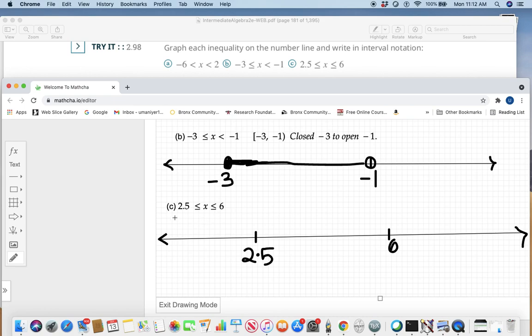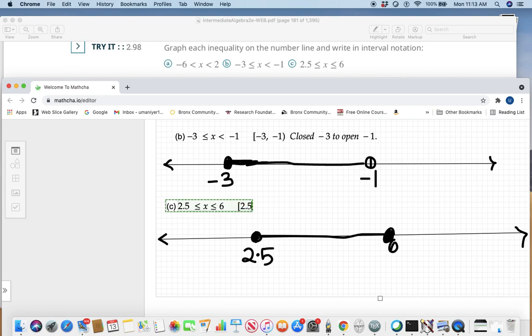X is between the two. They are both included. Included means you fill in the point. Okay. That's it. So that gives you closed 2.5 to closed 6.